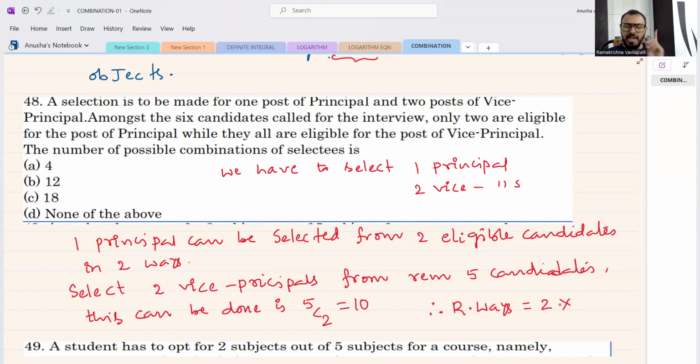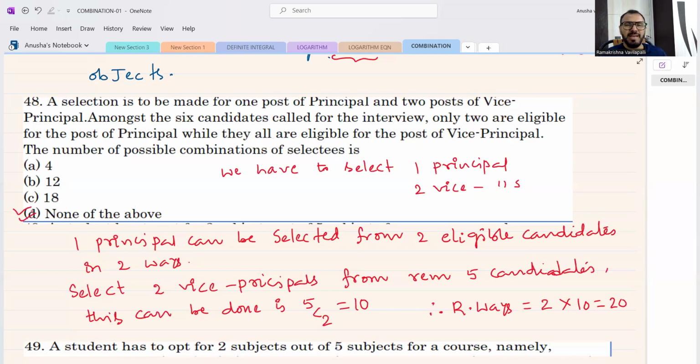So "and" means multiply. The remaining 2 vice principals can be selected from the remaining candidates in 10 ways. That's equal to 20. Nice, none of the above.